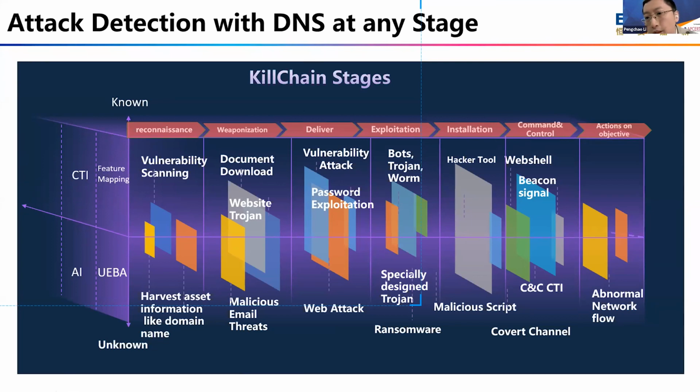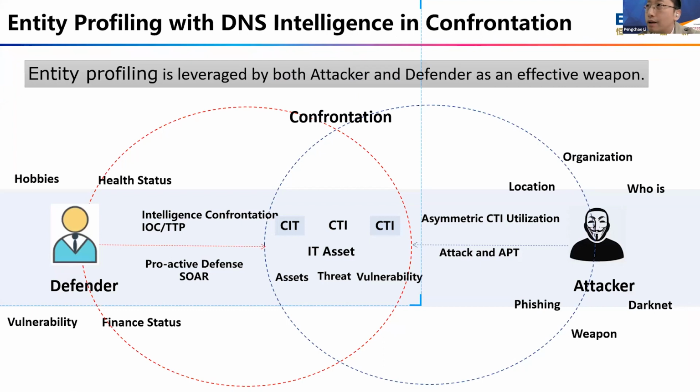For example, it can be conceived as a covert channel in C2, command and control. In this context, DNS CTI is a data source of AI and UBA to hunt evidence of attackers.